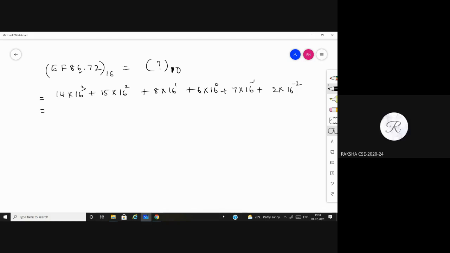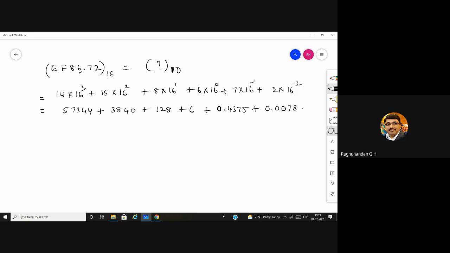So 14 into 16 power 3 is 57344, plus 3840, plus 128, plus 6, plus 0.4375, plus 0.0078.